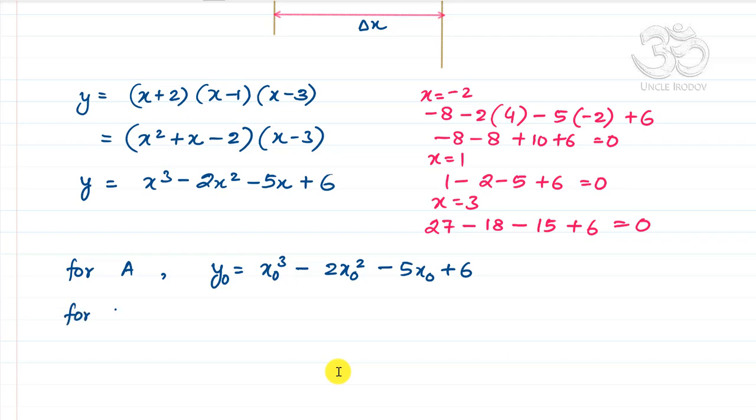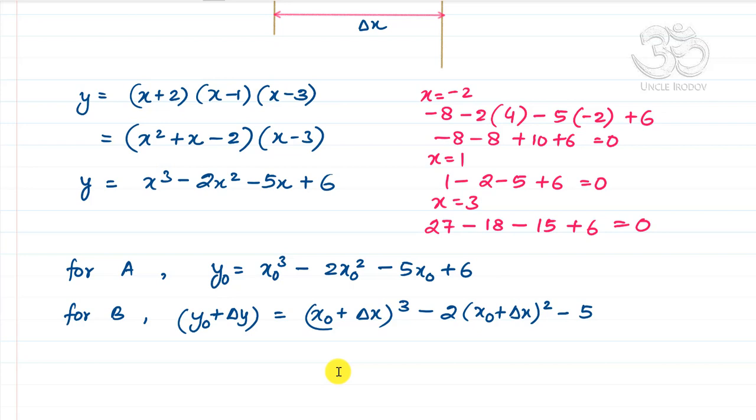For B, the equation I can write is y naught plus delta y, because the new y coordinate is y naught plus delta y, and that will be equal to x naught plus delta x whole cube minus 2 times x naught plus delta x whole squared minus 5 times x naught plus delta x plus 6.